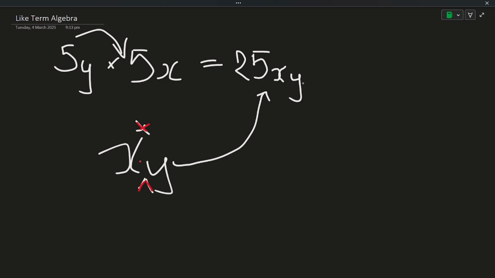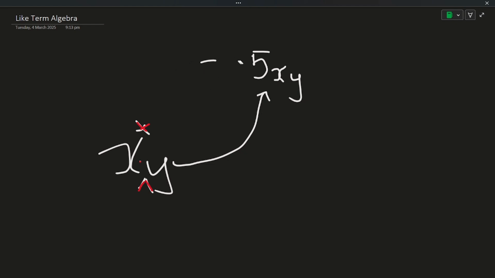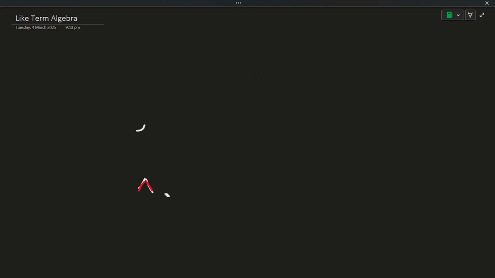So it's better if you just put 25xy instead of 25yx. Both work, but it's even better if you do 25xy. Yeah, so that's amazing, guys. If you learned that, I don't know if there's any need of continuing on this topic, because realistically that's all you need to know for the multiplication side.